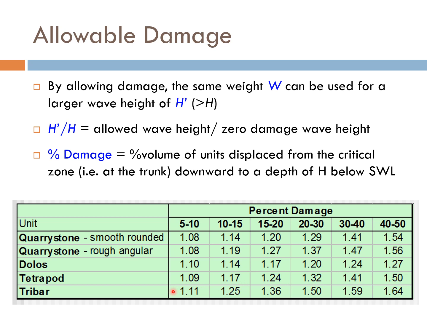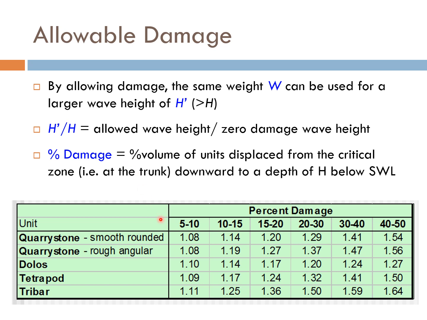The ratio of allowed wave height compared to the zero damage wave height can be determined based on the type of armor unit and the percent damage, which is defined as the percent volume of the armor unit which is allowed to be displaced from the critical zone, that is at the trunk of the breakwater, downward to a depth of H below still water level.